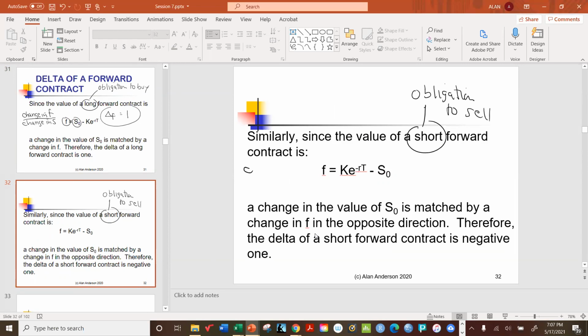If you look at the change in F over the change in S, you'll see that that will be equal to -1. So if the stock price goes up by $1, the value of my forward contract goes down by $1.